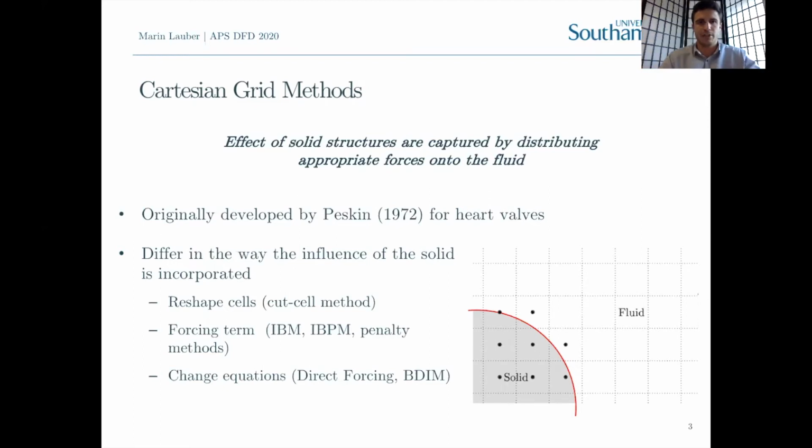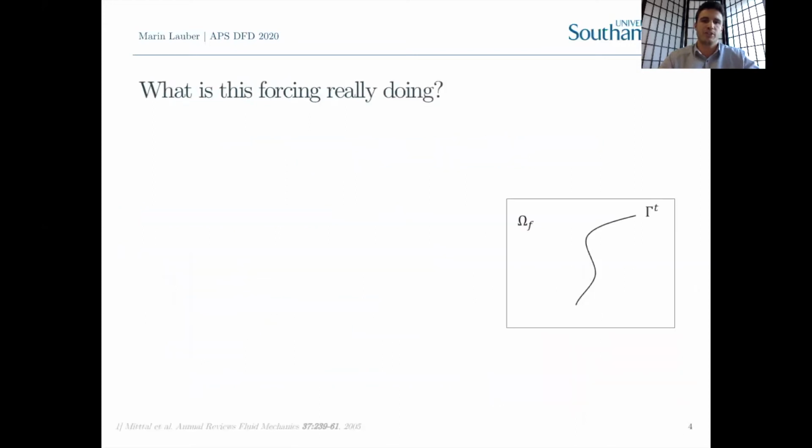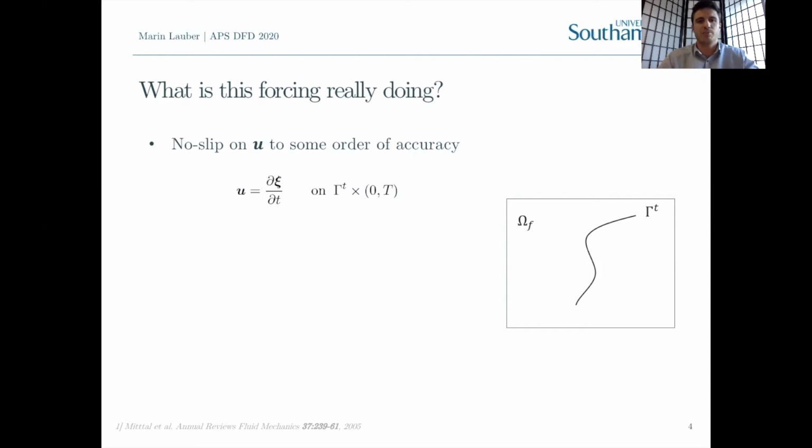The idea behind Cartesian grid methods is to provide some kind of forcing, but what is this forcing actually doing? It's aiming to impose the boundary conditions. The first boundary condition it imposes is no-slip. This is usually done pretty well, to some order of accuracy depending on the method, and it is common to all immersed boundary methods. The second boundary condition that has to be imposed is the normal pressure gradient onto the body.